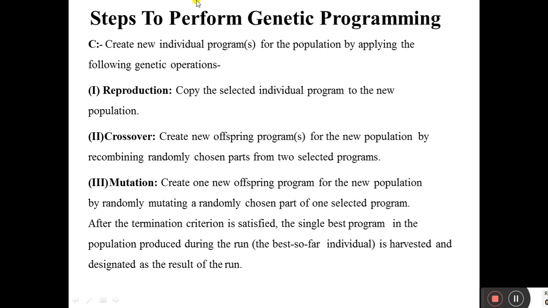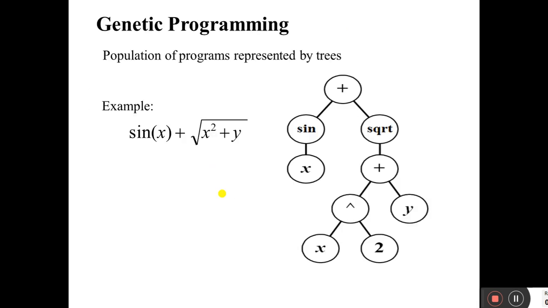The similar steps of genetic programming, such as reproduction, crossover, and mutation, are what we discussed a lot in the previous cases. Here, for example, I am taking sin x plus square root of x square plus y. How to represent this? First, x square: x and 2 are leaf nodes, and these are median nodes.